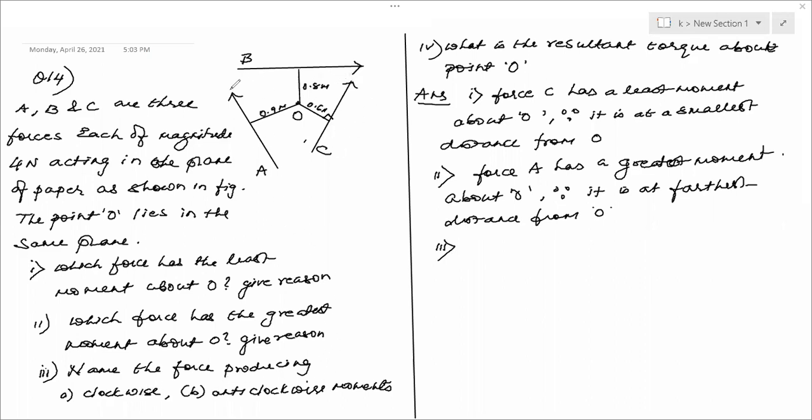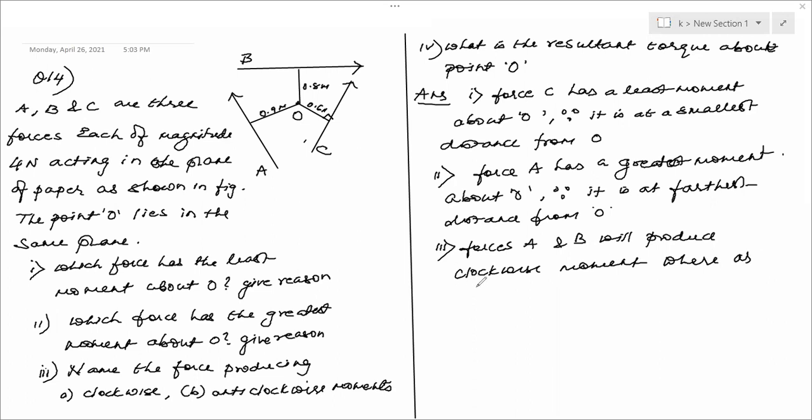You can see here, forces A and B will produce clockwise moment, whereas force C will produce anti-clockwise moment.